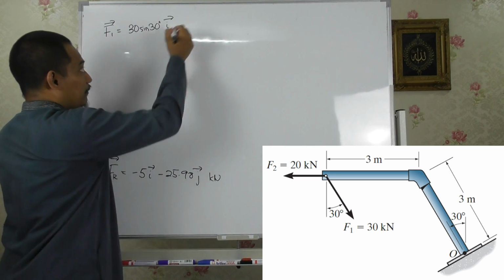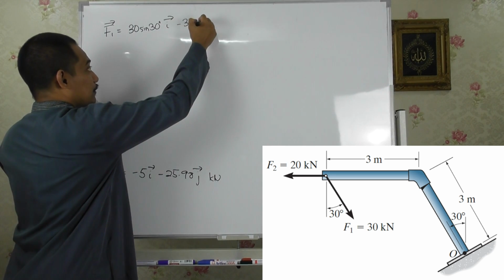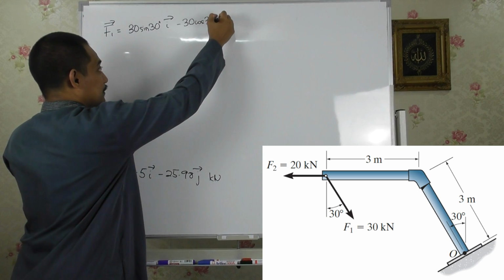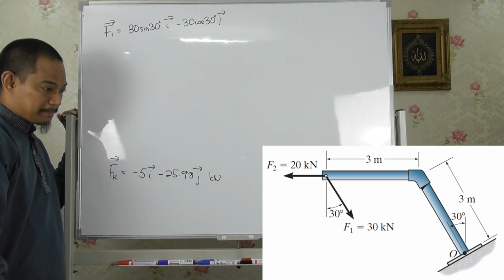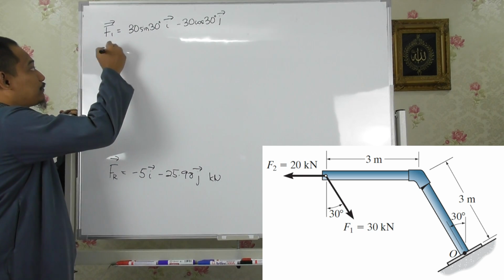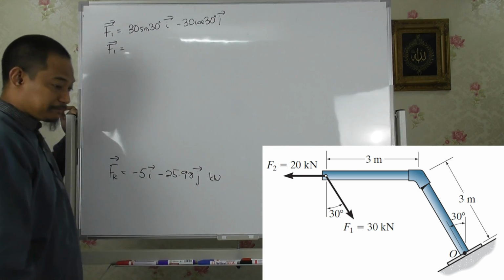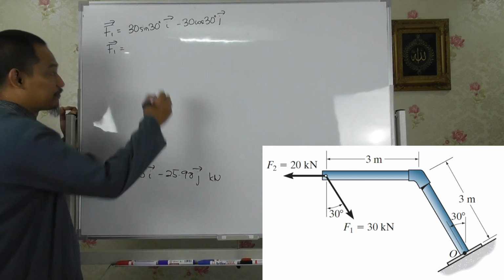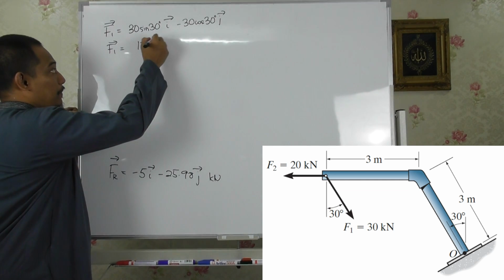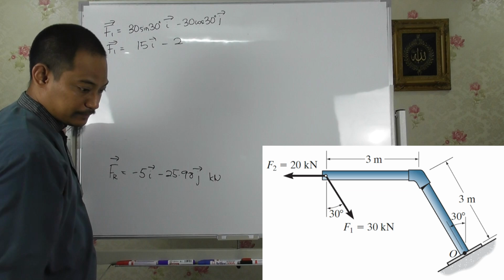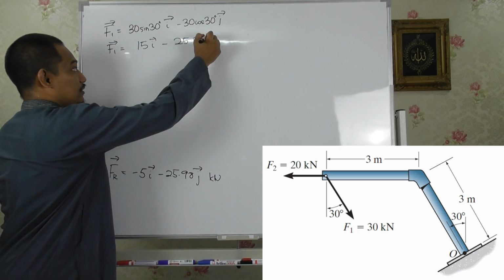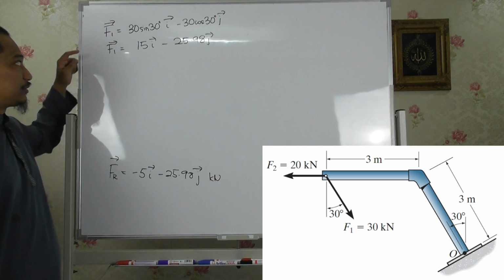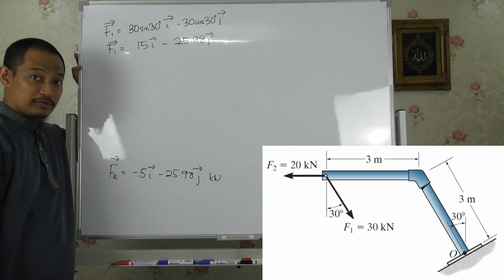And then minus 30 cos 30 degrees J. Okay, so F1 vector will be basically you will get 15I minus 25.98 J.